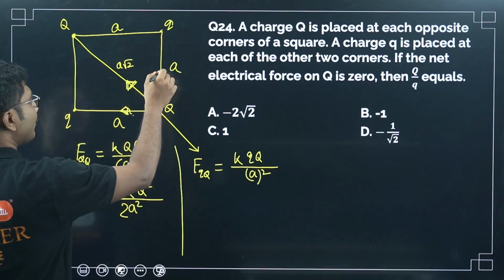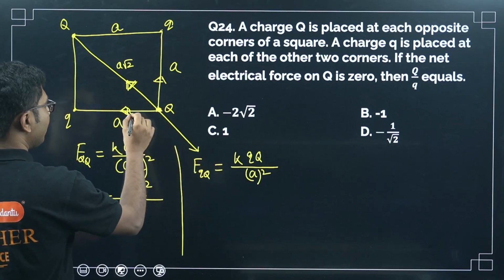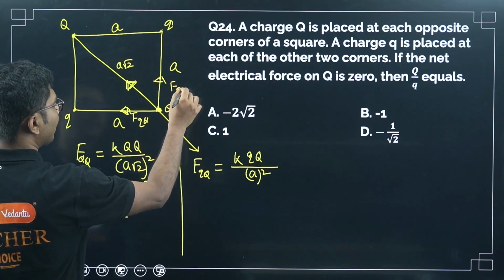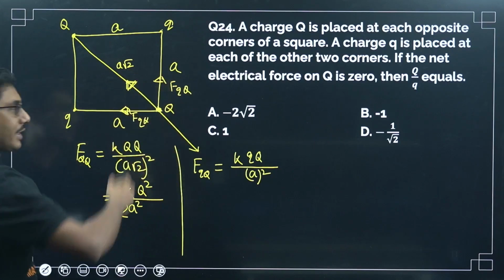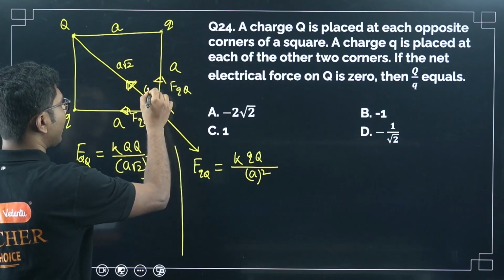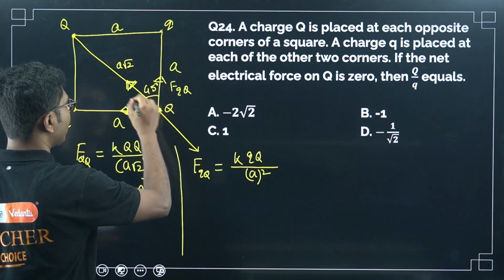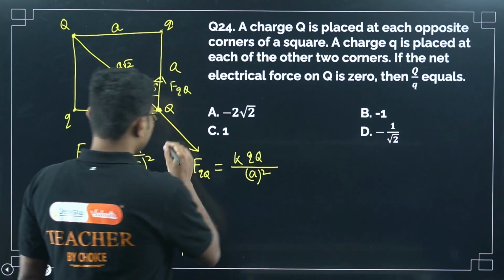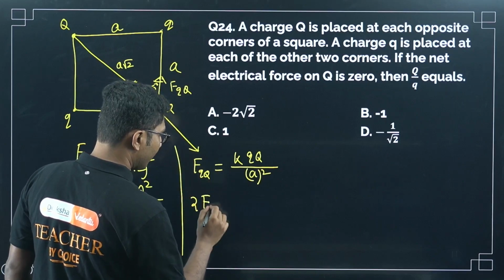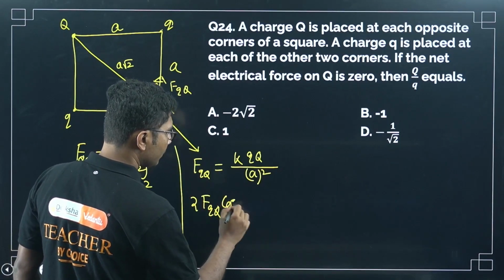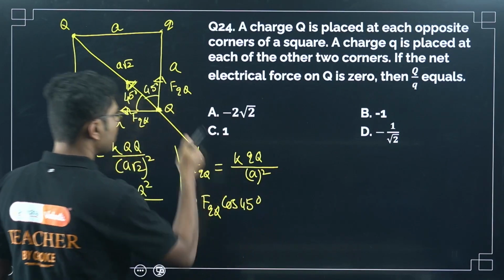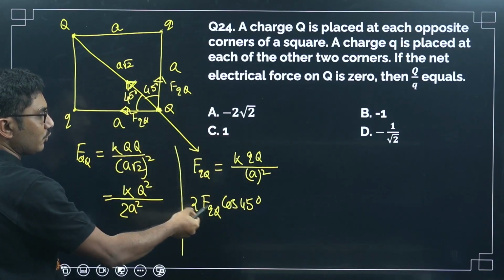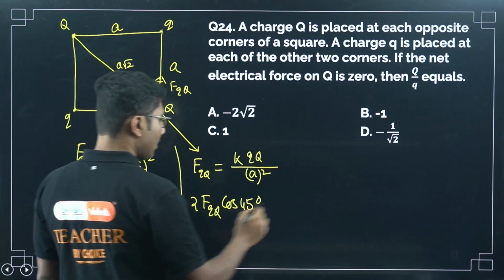These two forces will be the same, so this is FQq, this will also be FQq magnitude wise. Now what is the resultant of these two vectors? This angle is 45 degrees, this is also 45 degrees, so the resultant will be 2 FQq cos 45. Cos 45 component from this, cos 45 component from this, so there will be a factor of 2. Okay, so let's put that value.